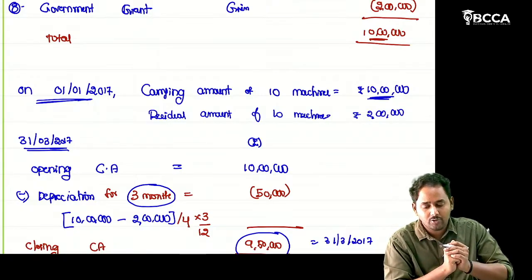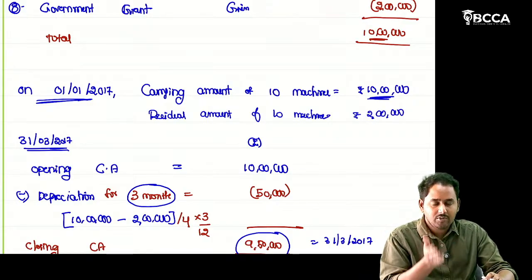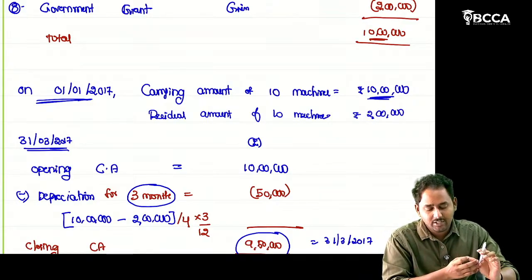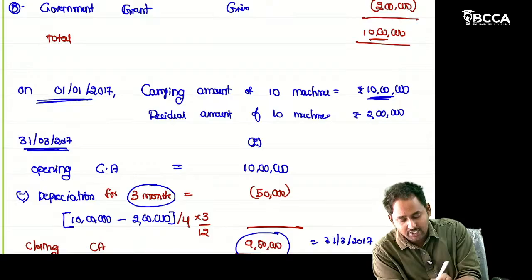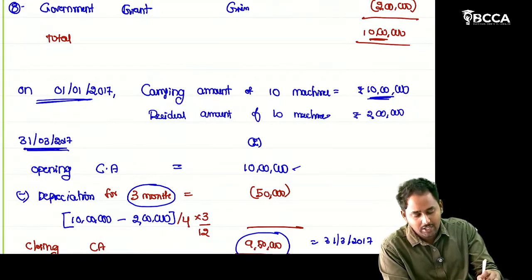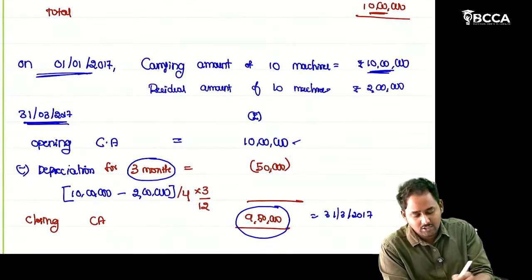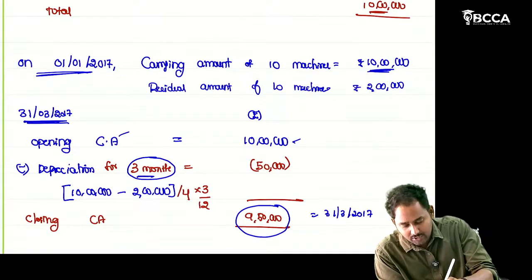From that date onwards, I need to provide the depreciation. So I need to find out the carrying amount as on 31/3/2017. So opening carrying amount 10 lakhs, and I need to provide depreciation for 3 months, because the opening carrying value as on 1/1/2017.